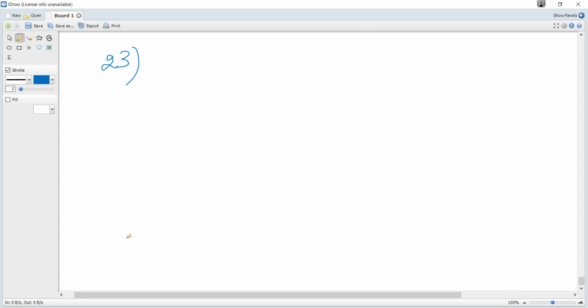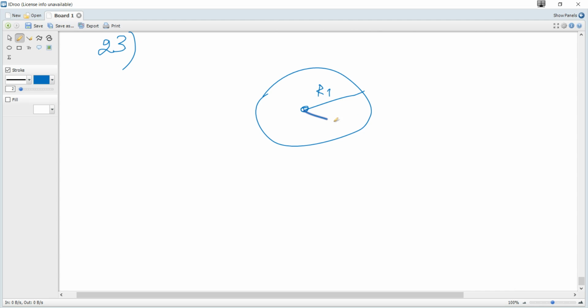23. A mass on the end of a string is rotating on a frictionless table in circular motion of radius r, and undergoes an angular displacement of theta in time t. So it's a circular motion, radius r1 and displacement, it means an angle theta in time t.